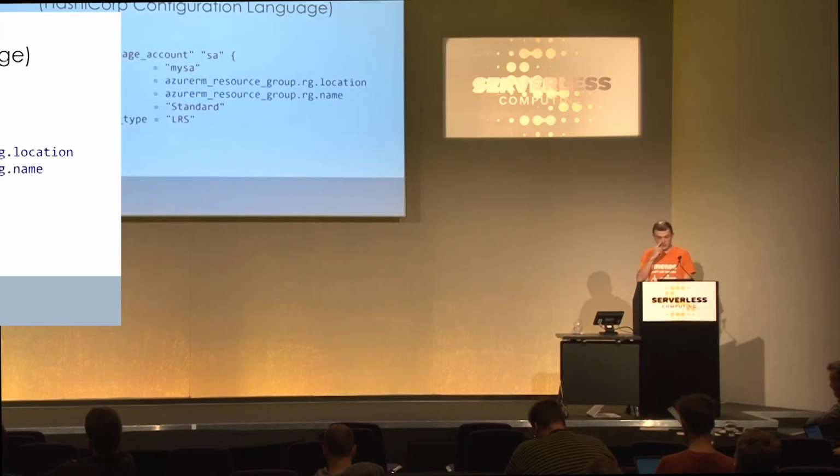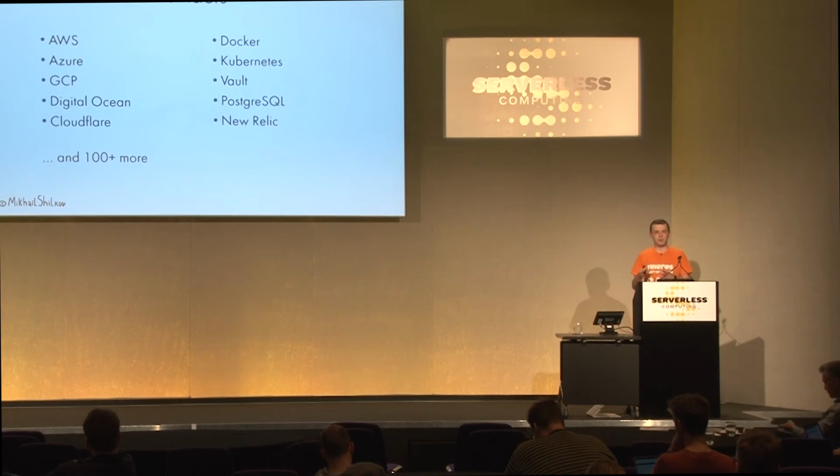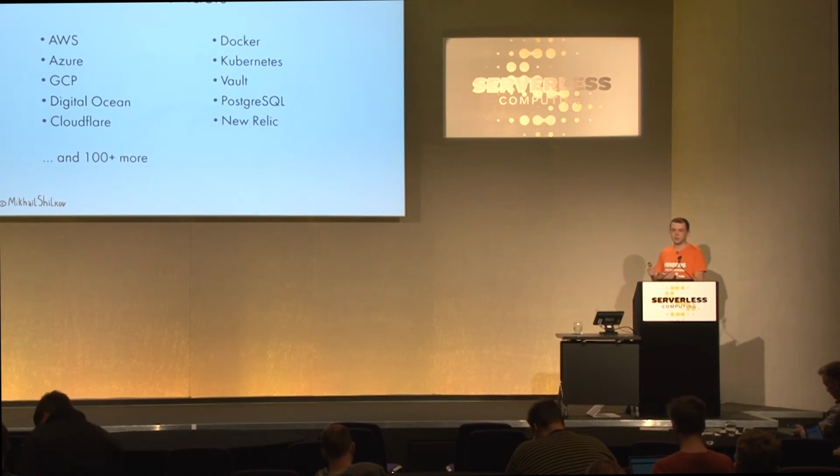So it's quite neat. It's also multi-provider, so the Terraform core engine doesn't care or doesn't know about AWS or Azure. It knows about the resources, the properties, and the graphs and dependencies. So it builds an abstract tree first, and then it calculates how to bring the current state to the target state in terms of that tree of resources.